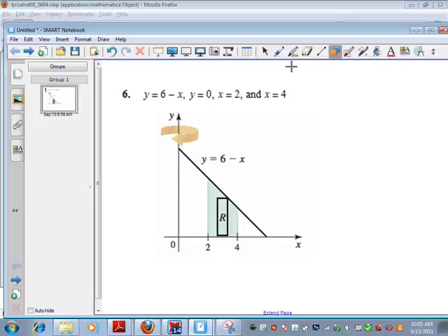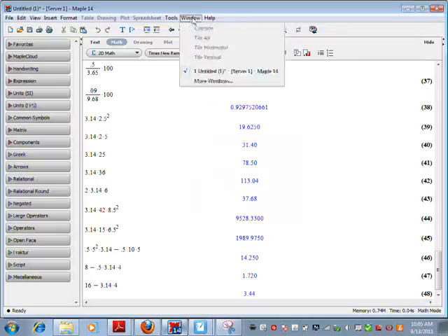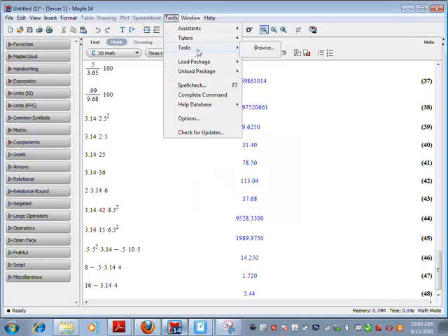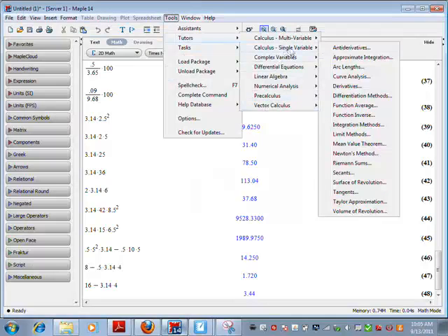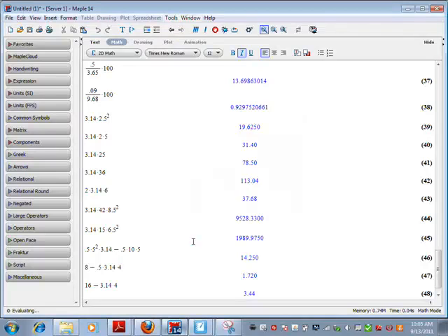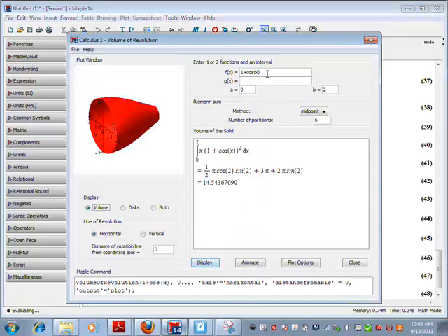Let's see what the answer is. What does Maple give us? This is 6 minus x, on the interval 2 to 4.